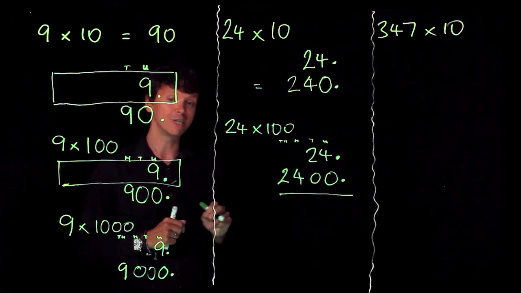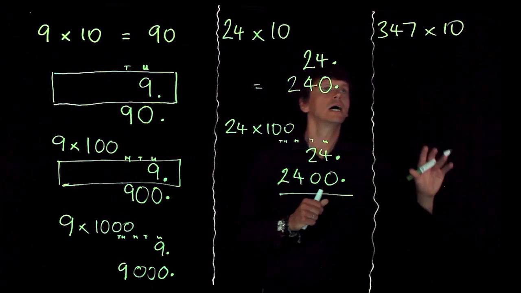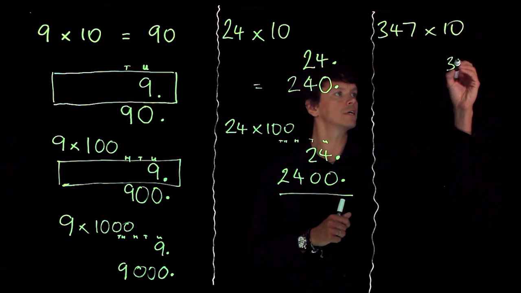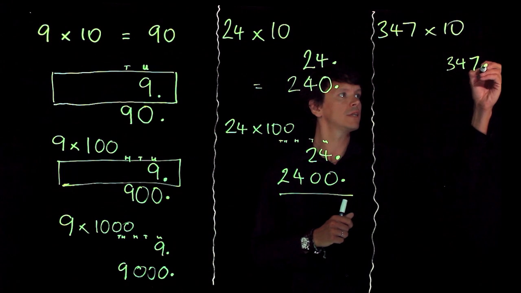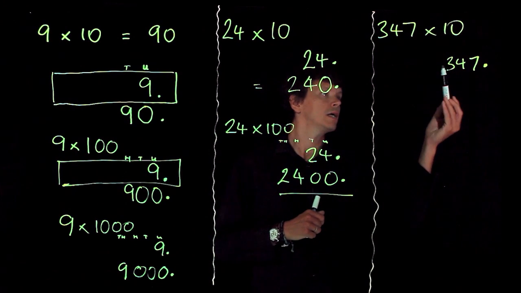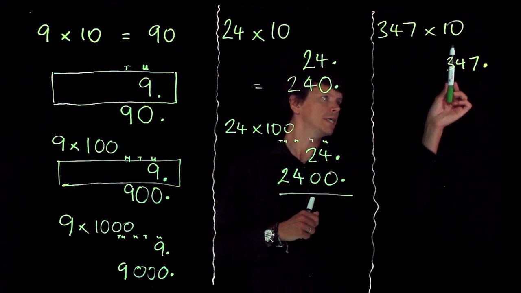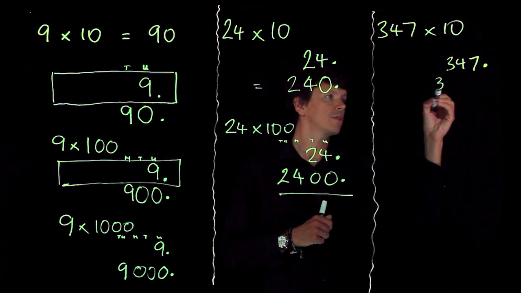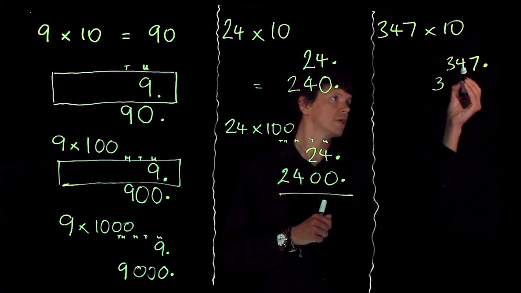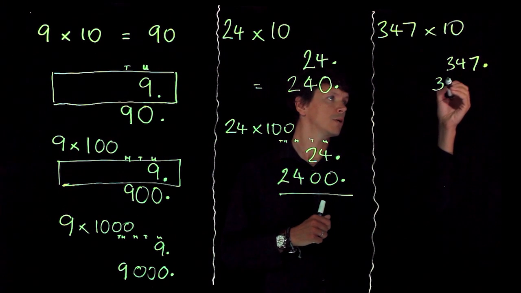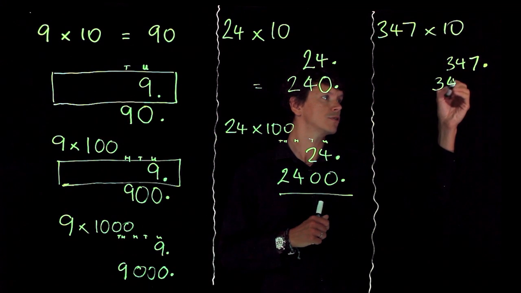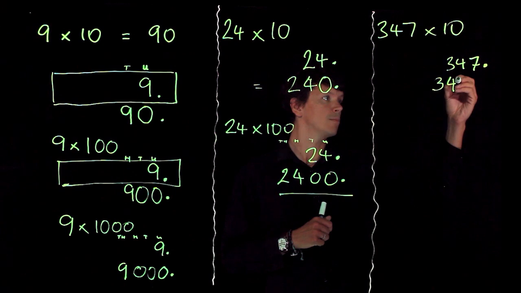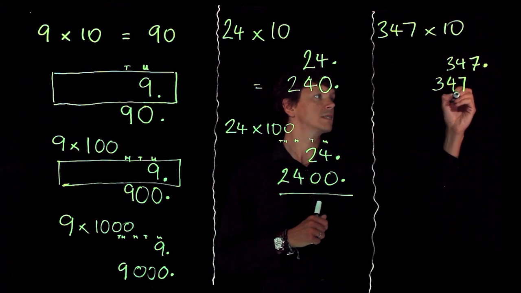Finally, let's have a look at a 3-digit number. 347 times 10. 347, there's our number, there's our decimal point again. Our 3, which is in the hundreds column, is going to move one place to the left into the thousands column. Our 4 is going to jump into the hundreds column. Our 7, currently in the units column, is going to jump one place to the left into the tens.